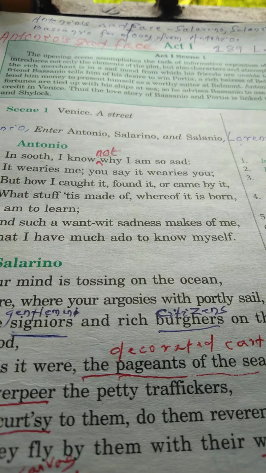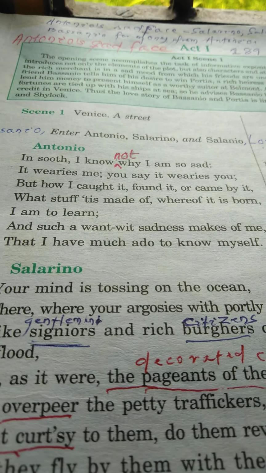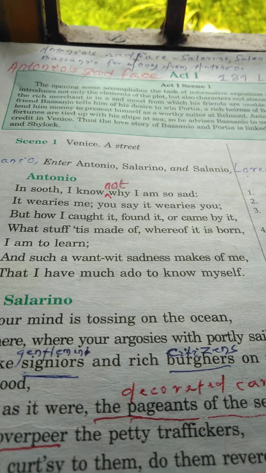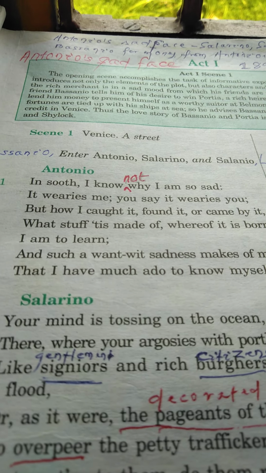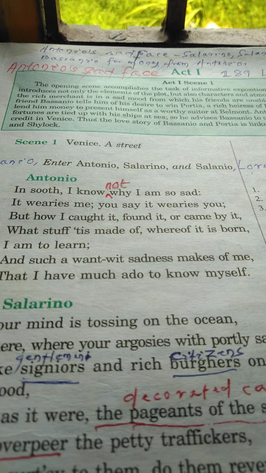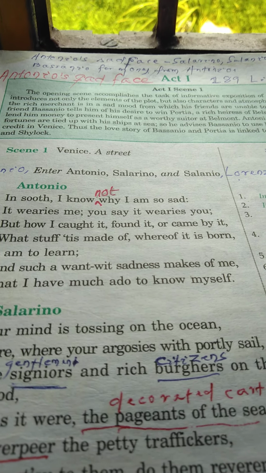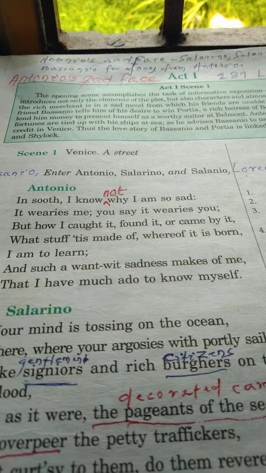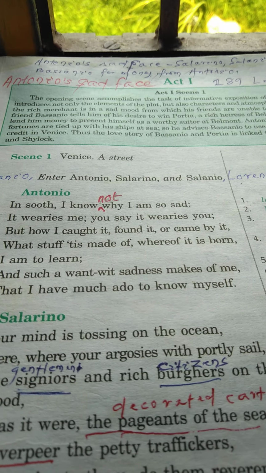And such a want-wit sadness makes of me. Such a sadness, wanting in wit, wanting in reason or logic. Yes, that is, speaker Antonio is without any logical standpoint for why he is sad.